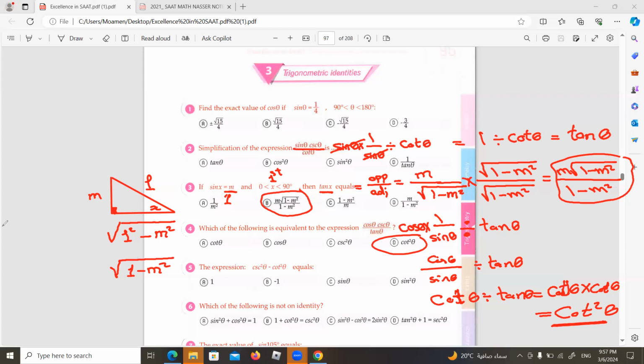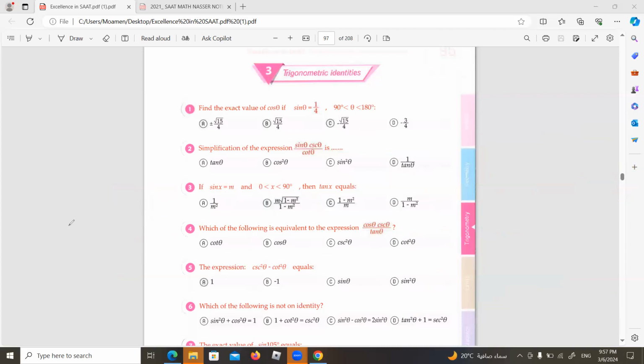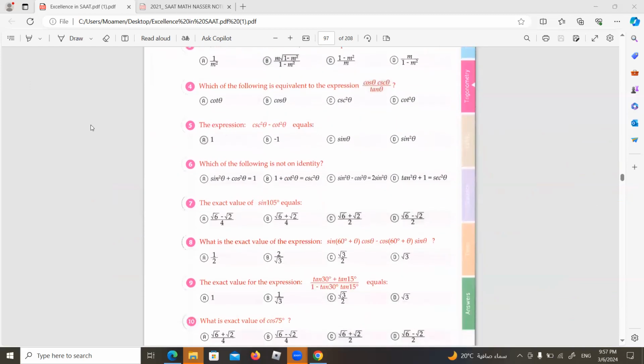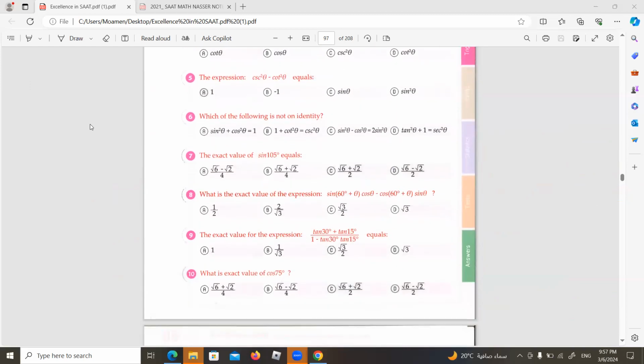I'm going to number 5. In number 5, the expression cosec squared minus cotan squared equals what? Pay attention with me. Mister, I'll use the identity.